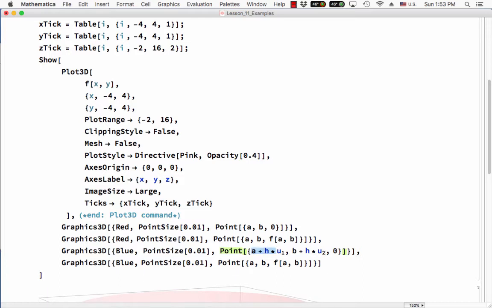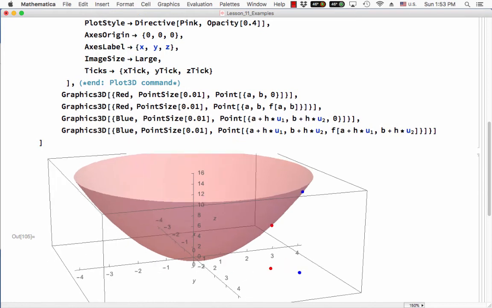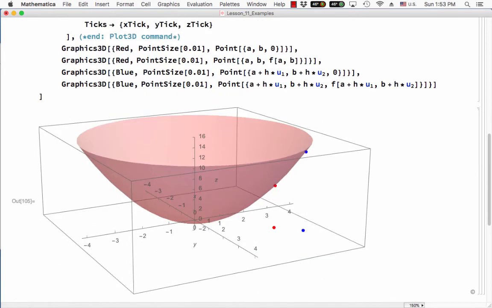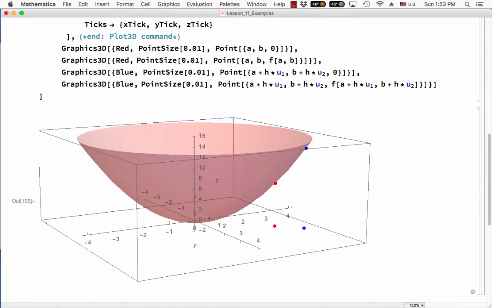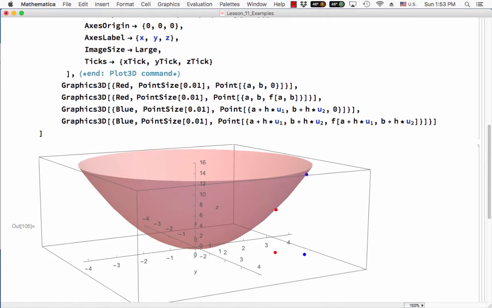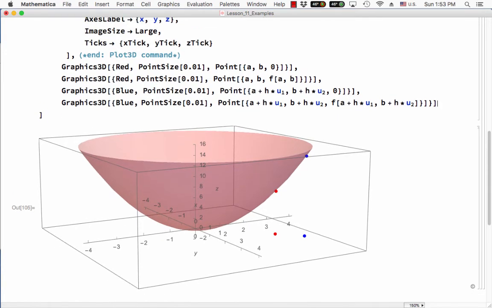And then the same thing is true here, except we would want to evaluate f at this thing. So let's go ahead and do that. Okay, so what we just did is we now have 2 points on the surface. Those are our secant lines. The points down here in the xy plane are the visual of the domain space in R3. They aren't in the domain, remember. The domain is R2. These points have 3 coordinates.